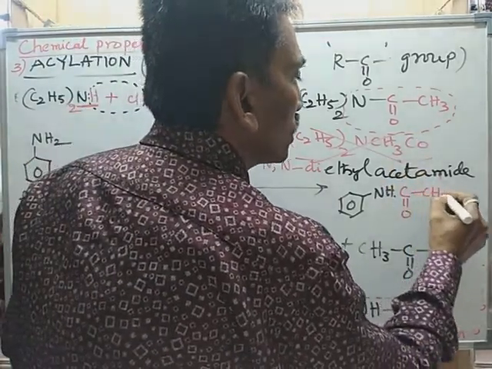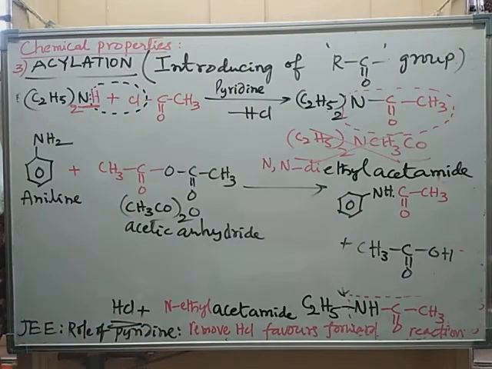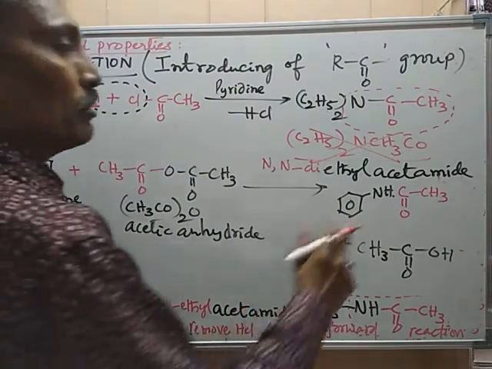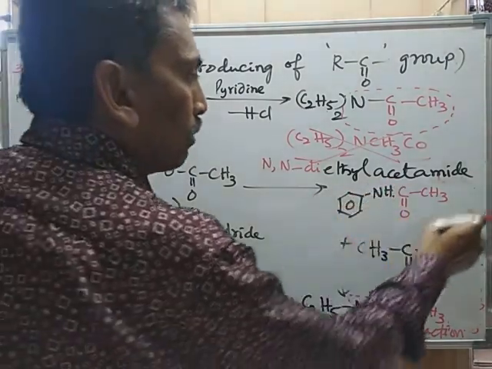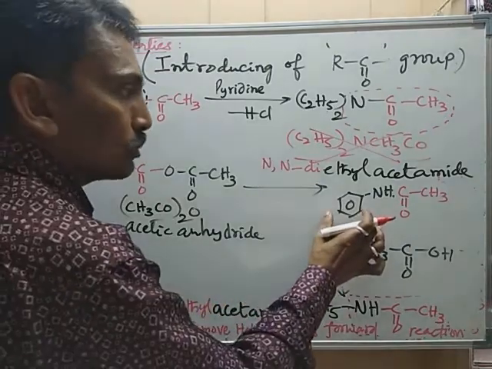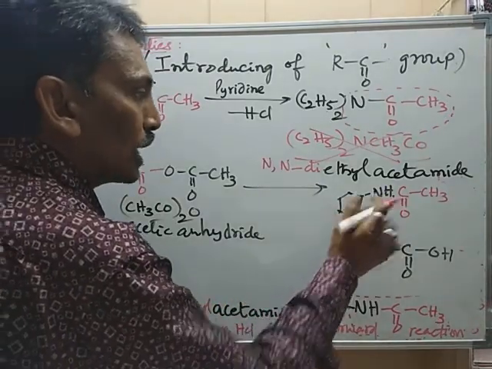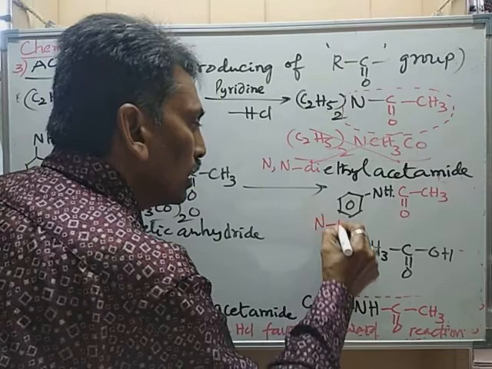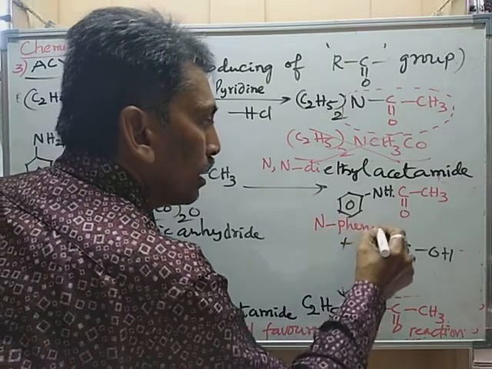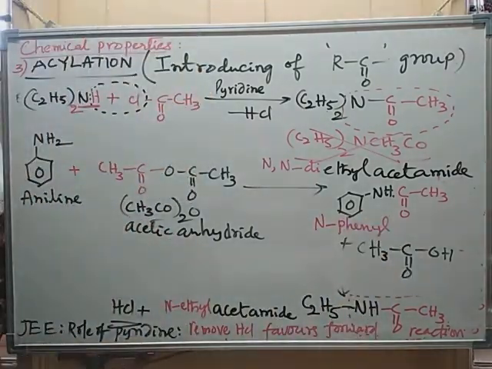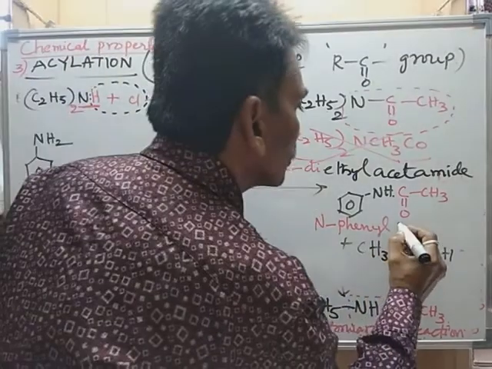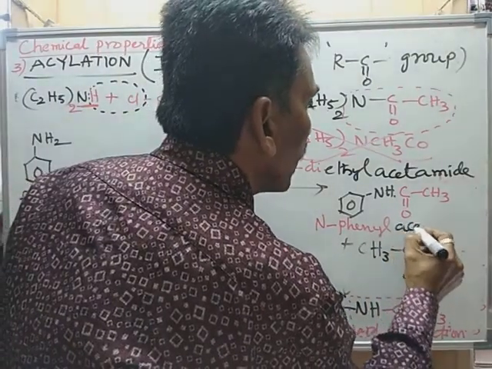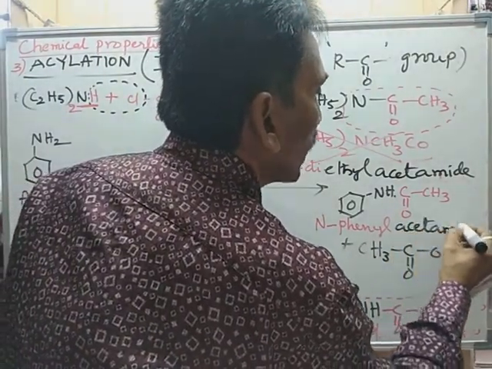CO, CH3. Right. This is the parent portion, and this is the substituent. The substituent is C6H5 on N atom, so its name is N-phenyl. The remaining part is as usual acetamide. This you have to practice.